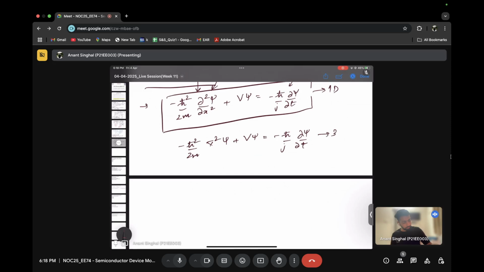So for 3D it is like that. This is the potential energy part, which depends upon the potential profile in which the electron is placed. And this del squared is the x direction plus the y direction plus the z direction. For 3D specifically, it will be three.